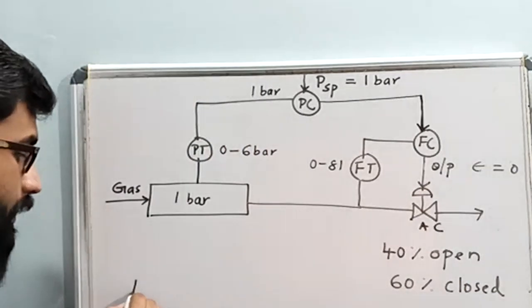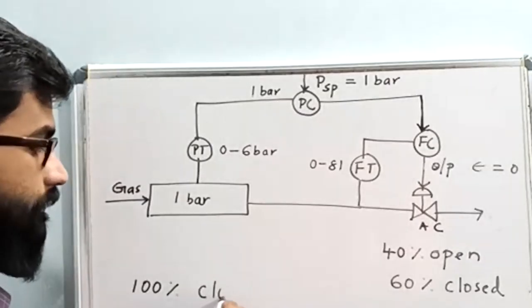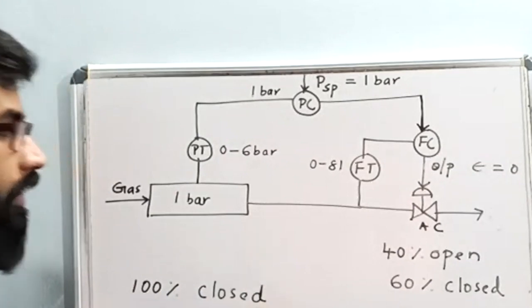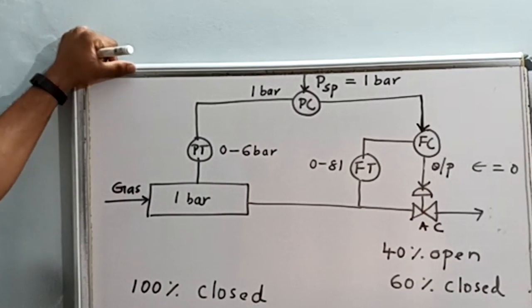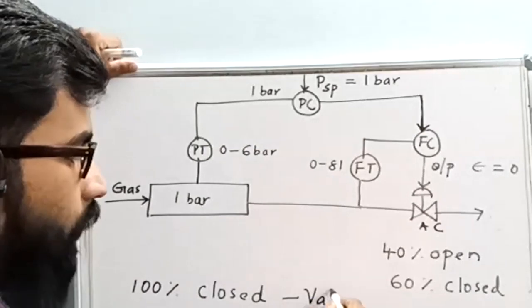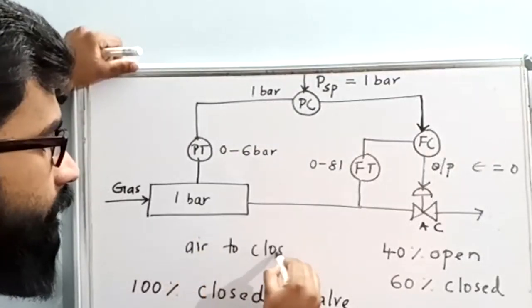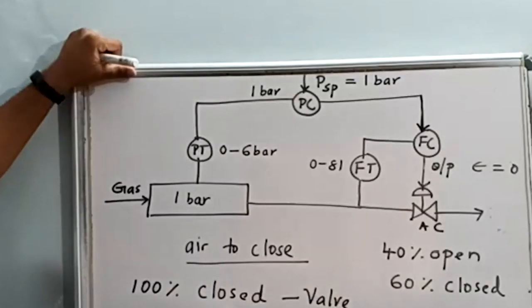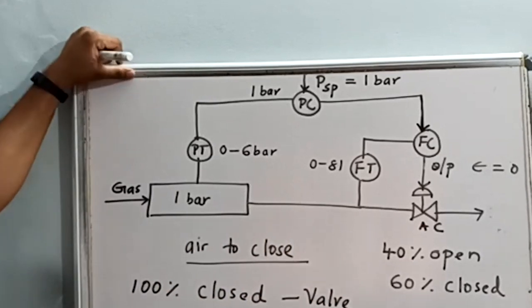Now, if my valve is 100% closed, this is an air to close valve, what will be the output of the flow controller? The output of the flow controller will be 100%.